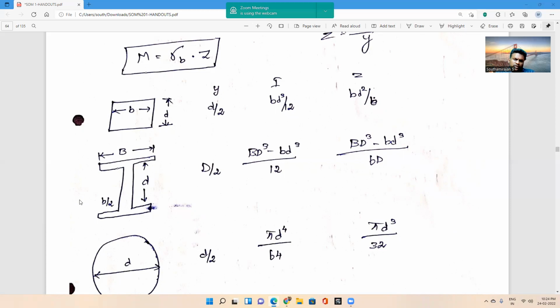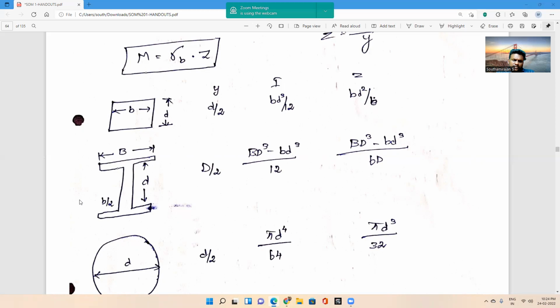The Y value will be directly calculated: half of the depth will be the Y value, and the moment of inertia I value will be BD cube by 12. Next, the section modulus Z can be obtained by the relationship Z equal to I by Y. From that relationship, we acquire the formula BD square by 6.